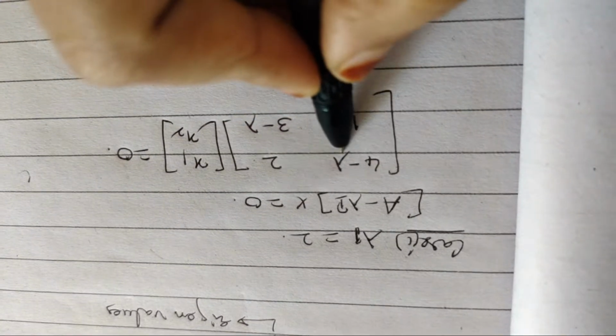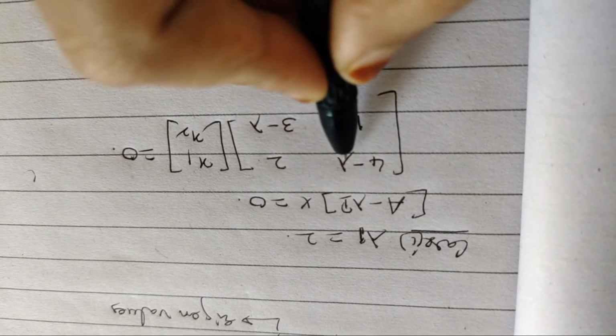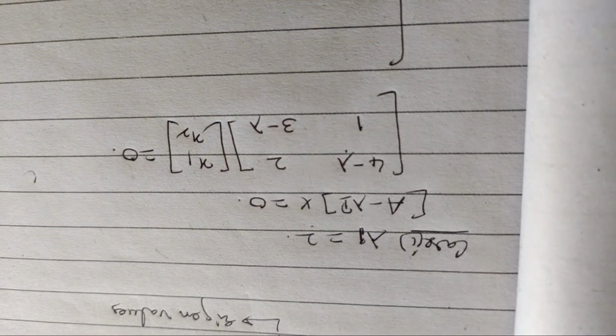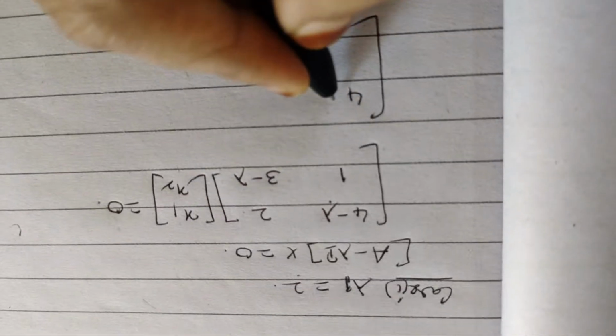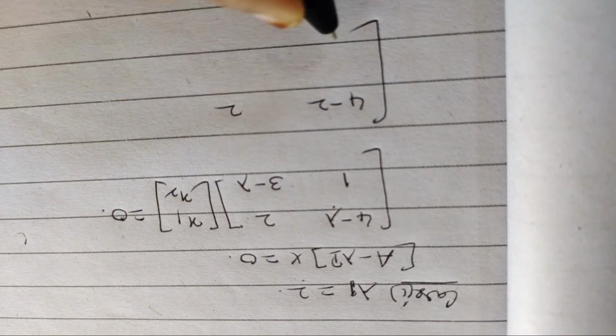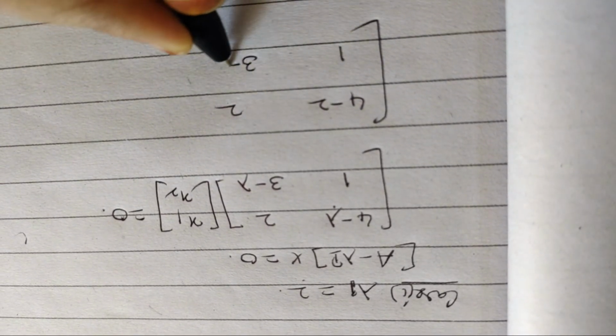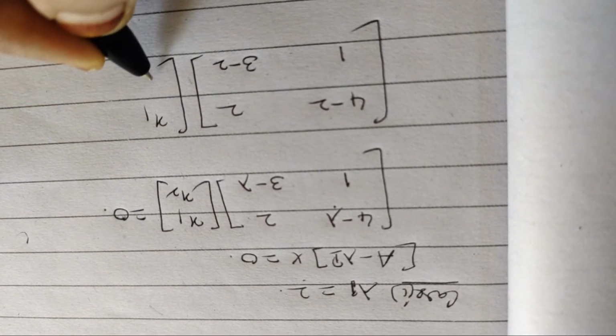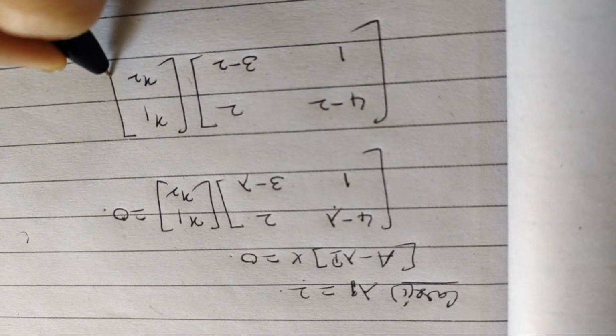Now substitute this lambda value. Your 2 is your lambda value. So 4 minus 2, 2, 1, 3 minus 2 into x1, x2, which is equal to 0.